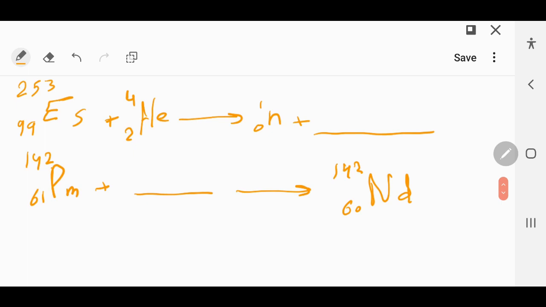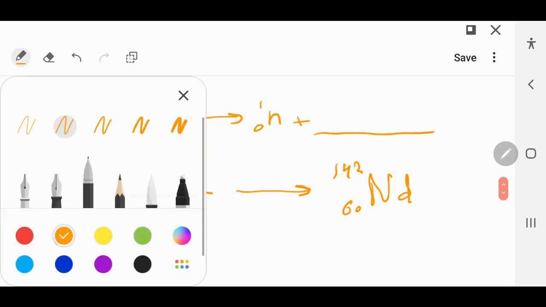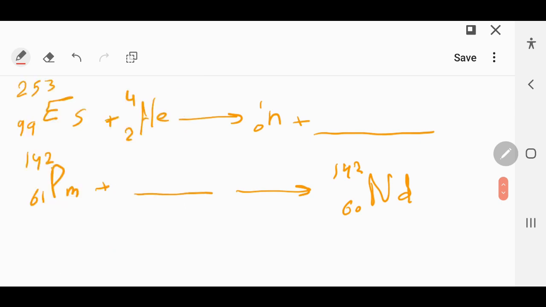Okay, the first question. As you can see, a neutron is released, with zero atomic number. The total atomic number must be the same.